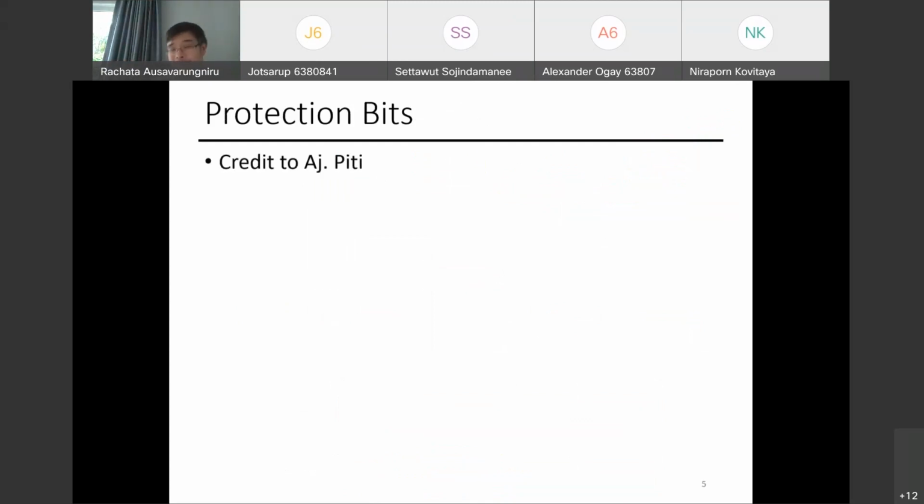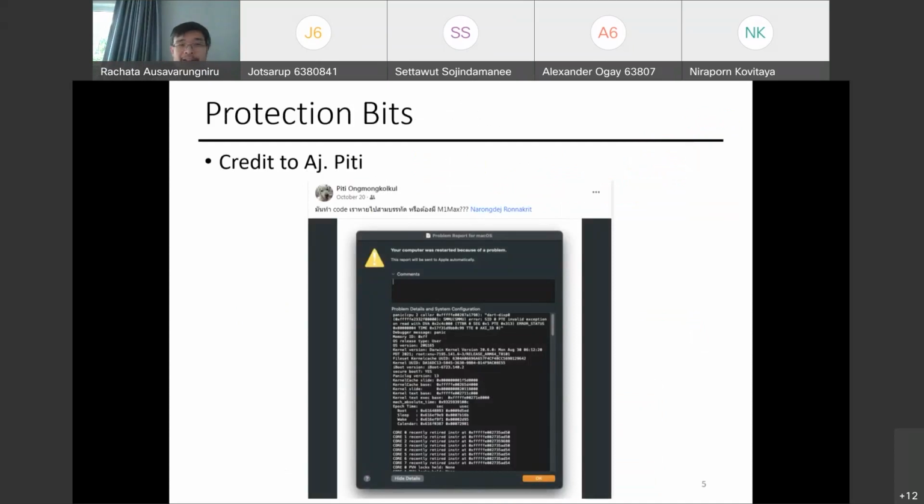Let me give credit to Ajahn Piti for sharing with me one of the errors that he ran into when he was using his MacBook. There was a post back in October of this year, I think almost exactly 1 month ago, that he posted on his Facebook page.